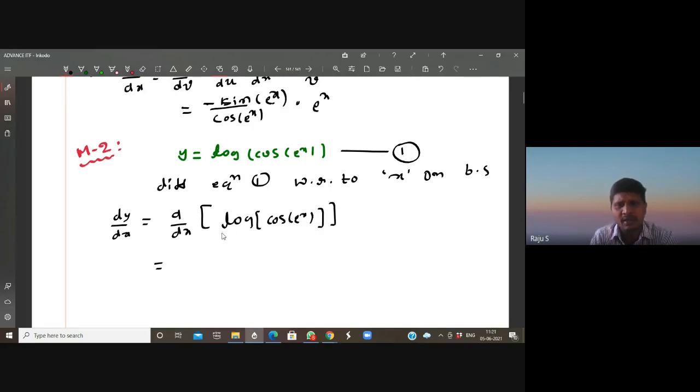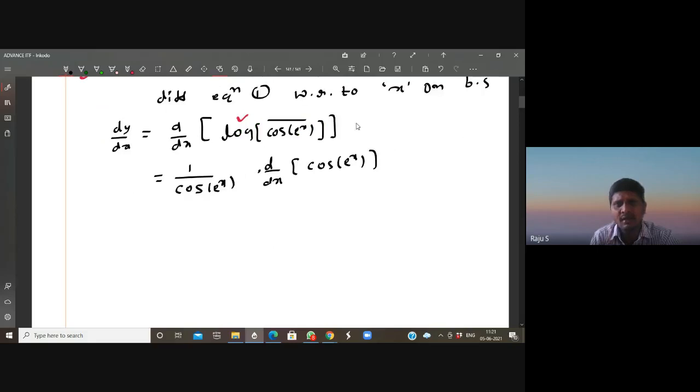First we differentiate the log function. The derivative of log becomes 1 by cos e power x into d by dx of cos e power x. Am I right? Okay, I completed the derivative of log.